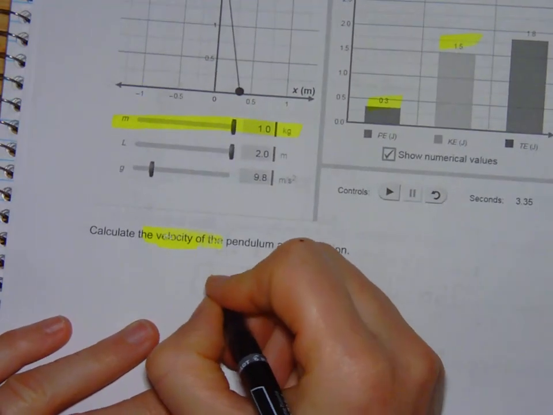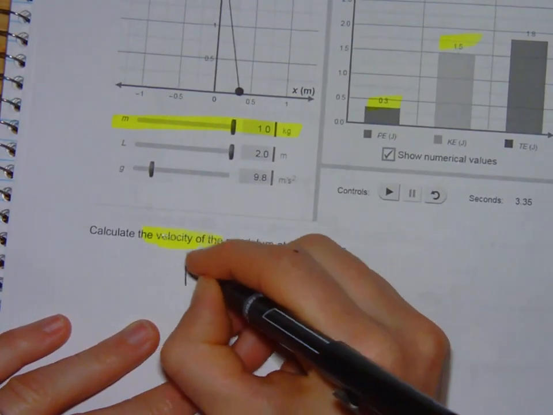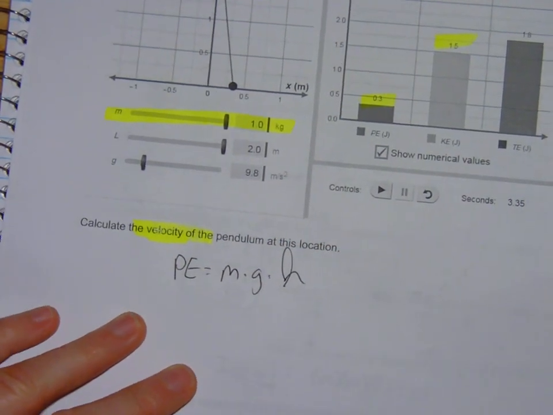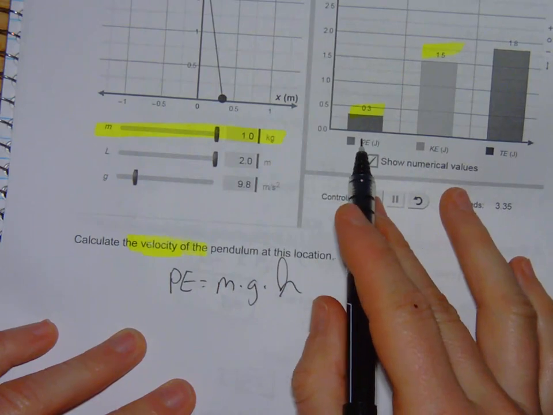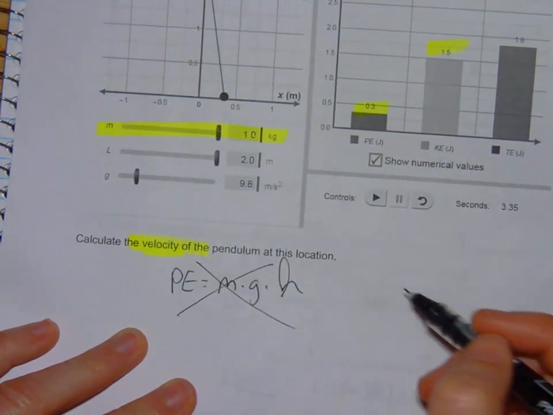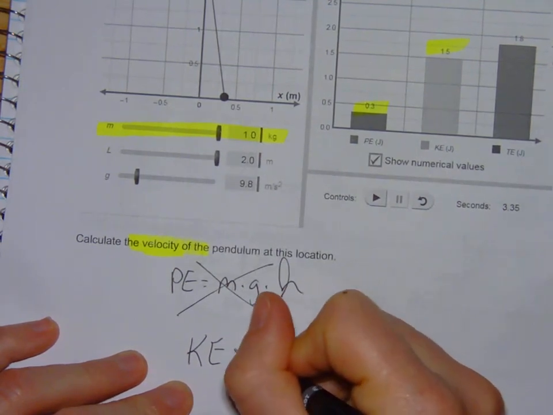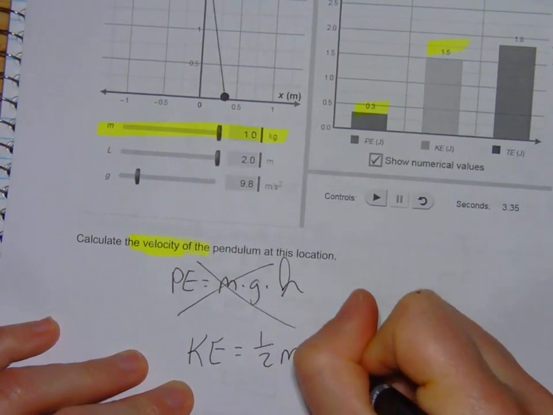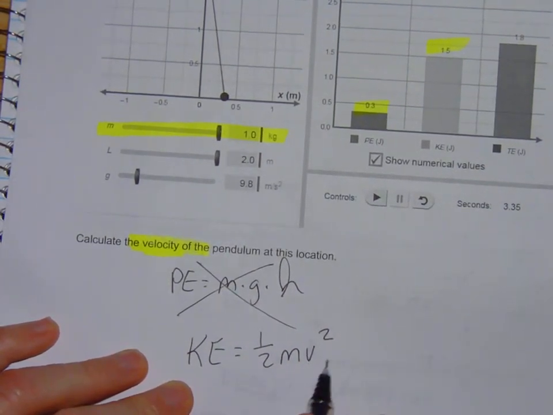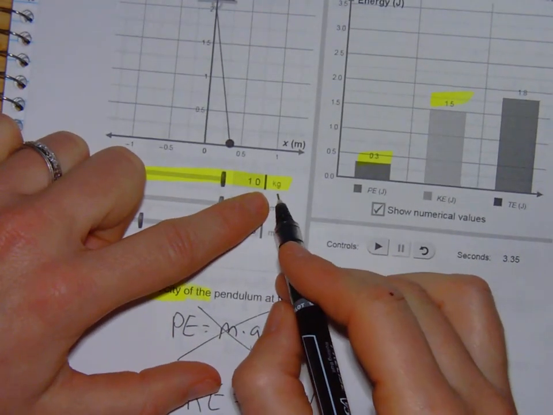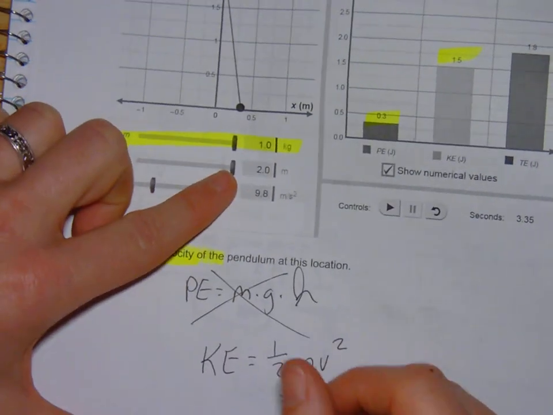And what we have to remember is that potential energy, there is nothing about velocity in that formula. So that potential energy is no good to us. But kinetic energy does have velocity in the formula. So that's the one we're going to use. So we see that then, the mass is 1 kilogram.